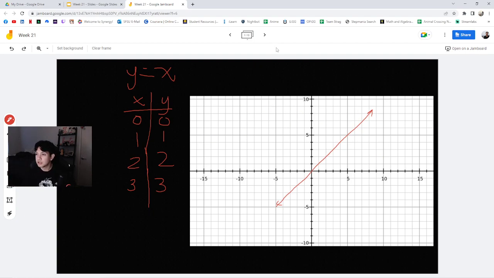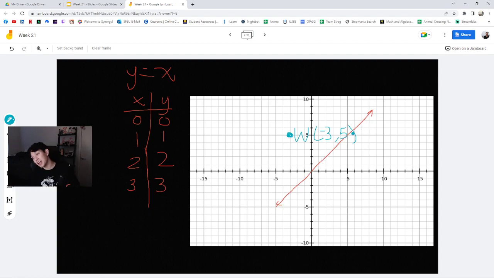So this is going to act as our mirror now. For example, if I had a point over here, this is going to be negative 3, 5. We'll call this W. So at negative 3, 5, if I reflect this about the line y equals x, where's it going to go?